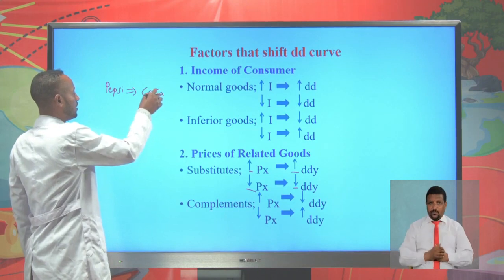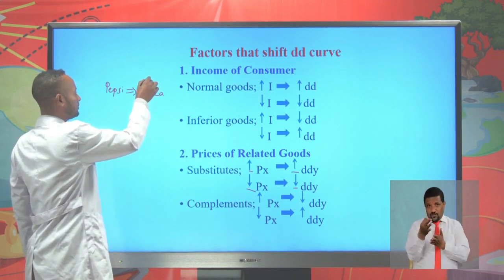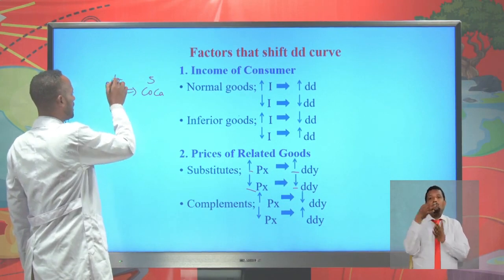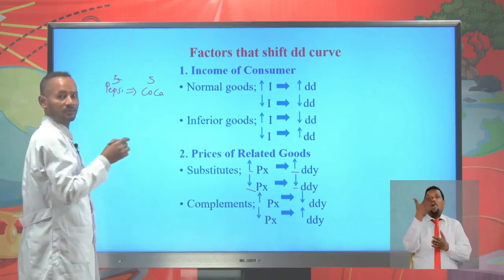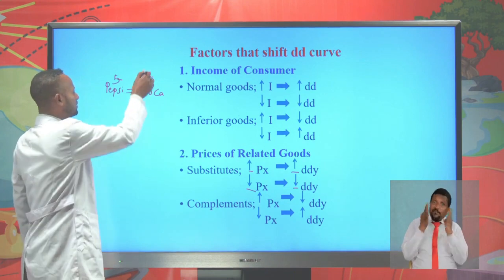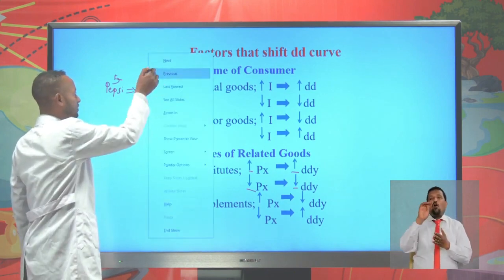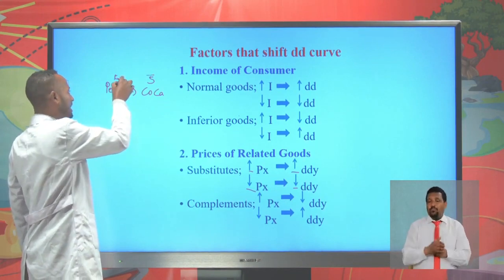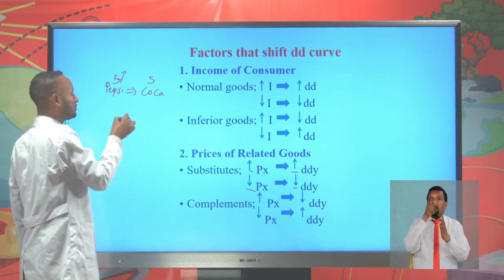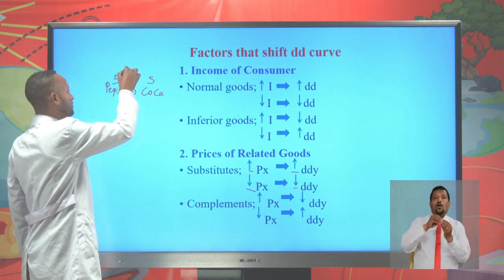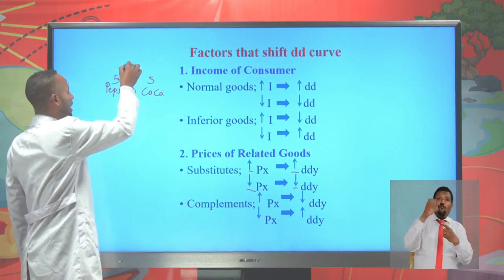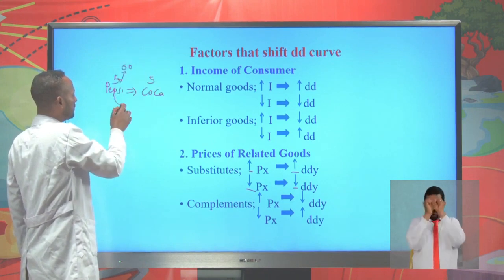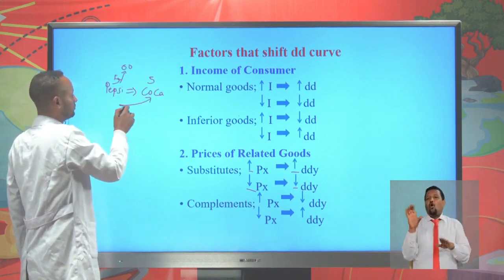Now, the price of Pepsi is 5 birr and the price of Coca is 5 birr. If the price of Coca remains unchanged at 5 birr, and there is a rise in the price of Pepsi only, from 5 birr to 50 birr, then consumers of Pepsi will shift their consumption of Pepsi to consumption of Coca.